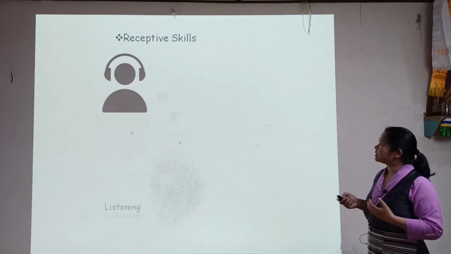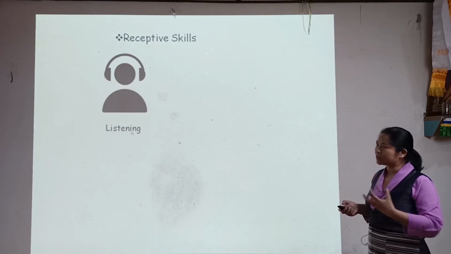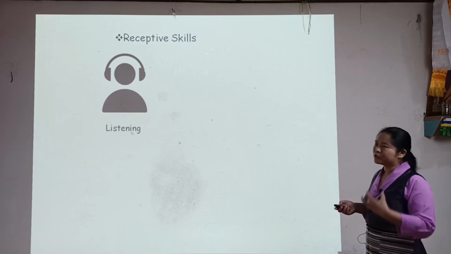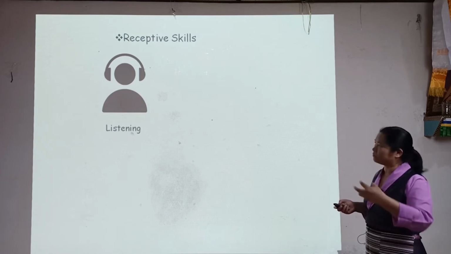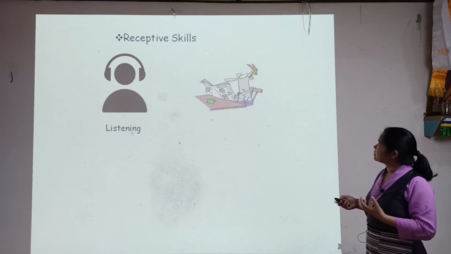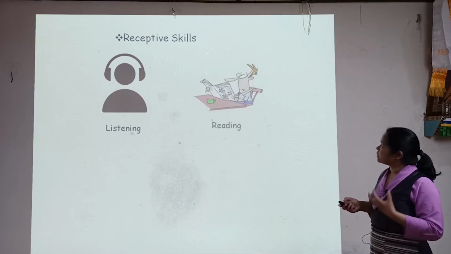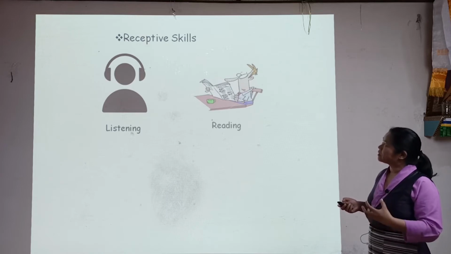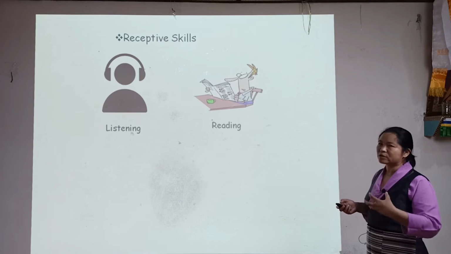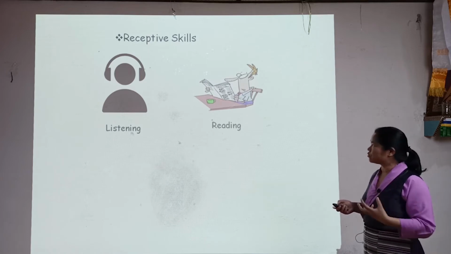The first is listening. When we listen, we are trying to collect information, which is like a water tank, which collects water. And the second is reading. Reading is also a receptive skill, because when we read, we are trying to collect or gather information.